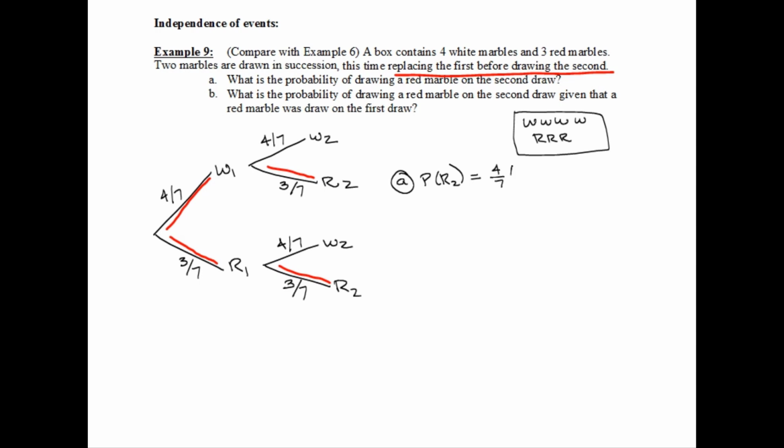We get 4 sevenths times 3 sevenths plus 3 sevenths times 3 sevenths, which is 12 49ths plus 9 49ths, 21 over 49, and we simplify, we end up with 3 sevenths.